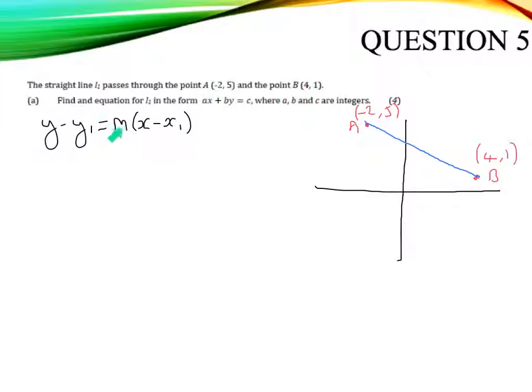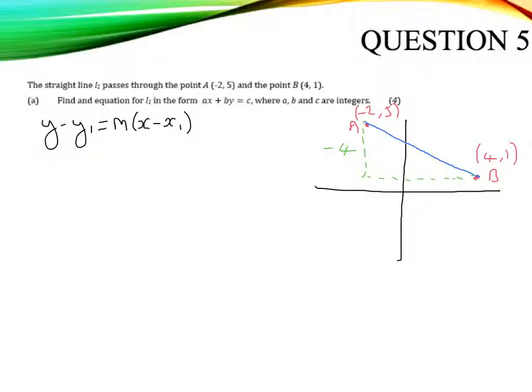But what I need to work out is the gradient. I can do that quite straightforwardly. We need to work out the change in y divided by the change in x. The change in y: my y coordinates have gone from 5 down to 1, so going from A to B, it's gone down 4. What's happening along the x-axis?